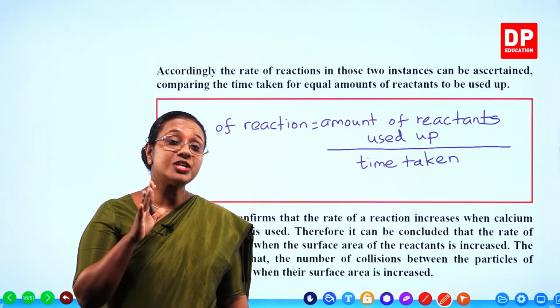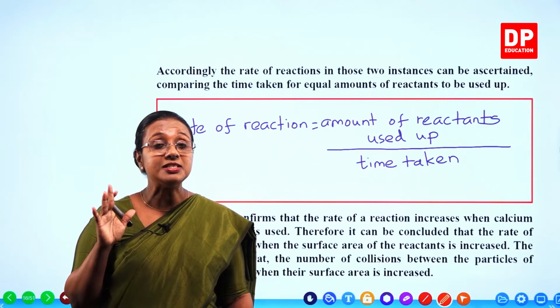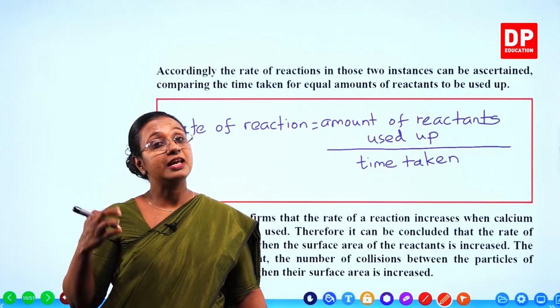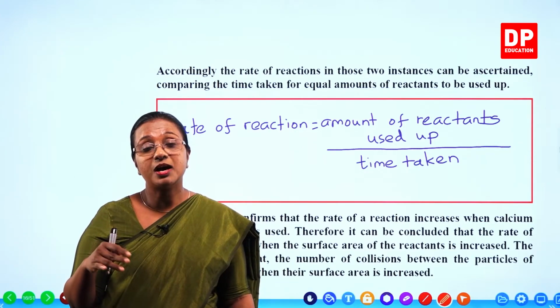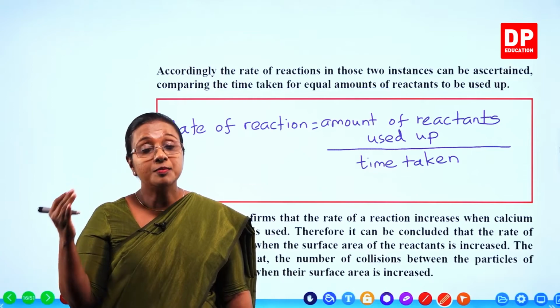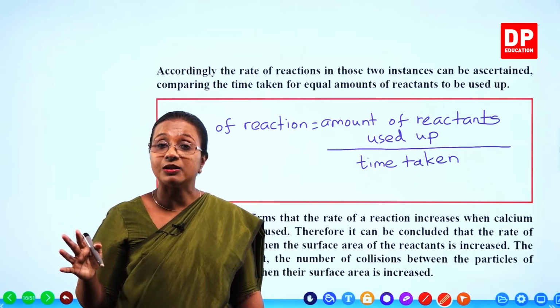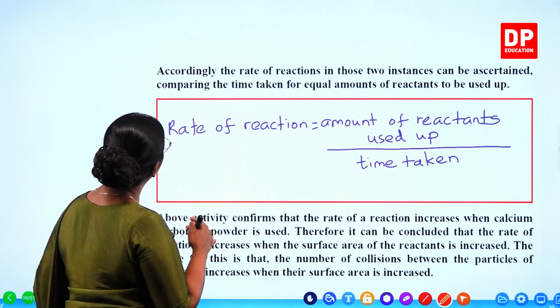Then here of course I did not wait until the marble chips reacted completely. So if you calculate that, let's say it takes about 20 minutes. 10 grams of calcium carbonate chips completely reacts in 20 minutes. Then also you can calculate the rate of reaction. I have shown you all an example before as well.